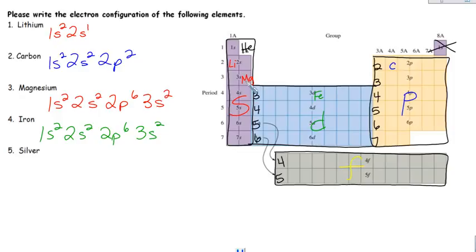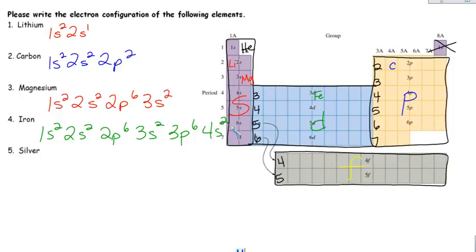We just keep going. Then I'm going to hit the 3p. I'm going to need all 6. That gets me to 18, argon, but I'm going to 26. So now watch this. Next, it's the 4th energy level, s orbital, 2 electrons.